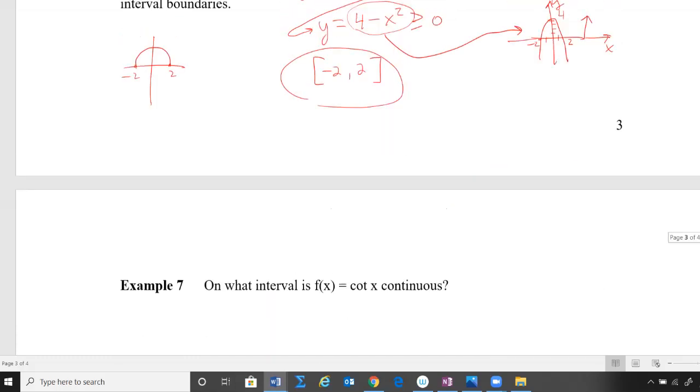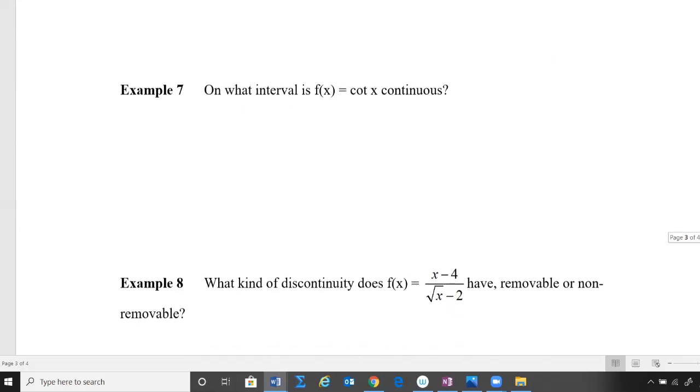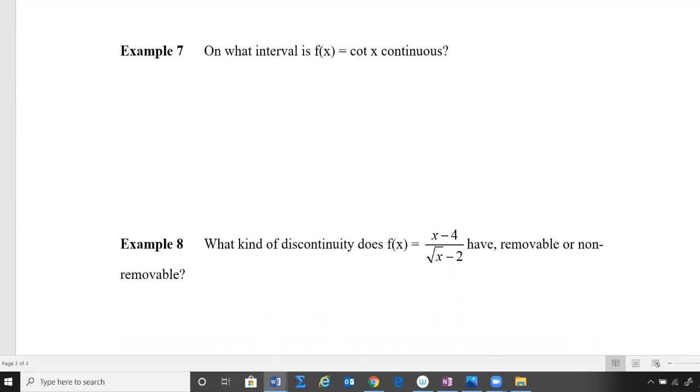So that's using the terminology. All right, where is this function continuous? Well, you have to know a little bit about the cotangent. The best way to look at the cotangent, if you don't have it memorized, is just to think of it as the cosine of x over the sine of x. And then you can say, well, the denominator will have to be non-zero for this to exist. So we can pick off discontinuities wherever this denominator becomes 0, as long as the numerator is not simultaneously 0.